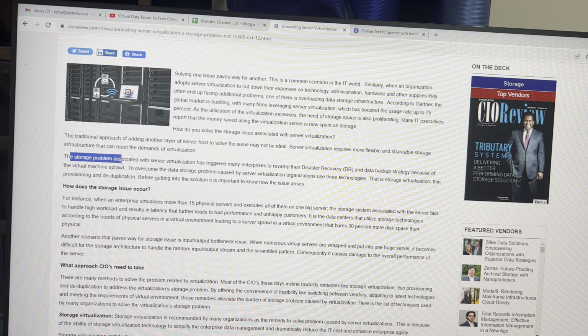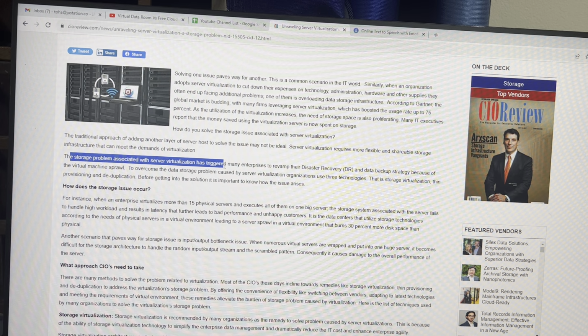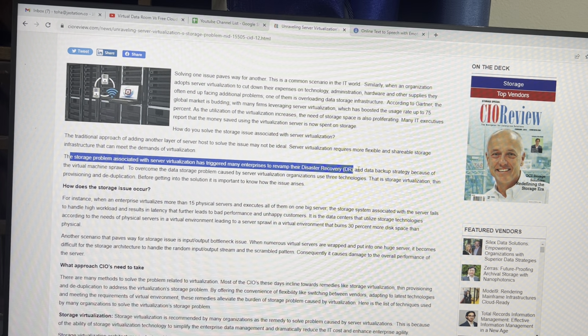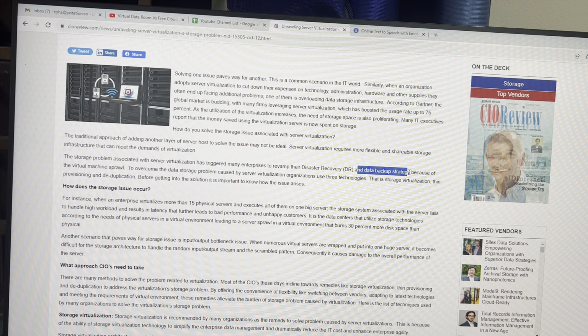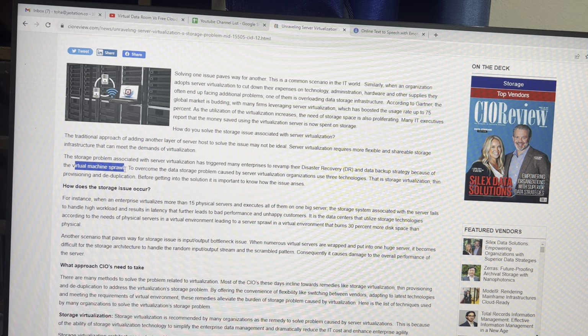The storage problem associated with server virtualization has triggered many enterprises to revamp their disaster recovery and data backup strategy because of virtual machine sprawl.